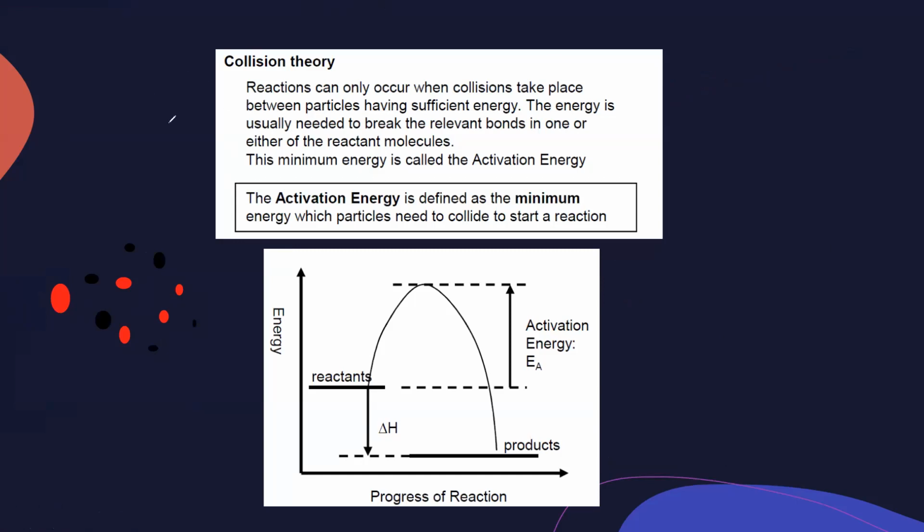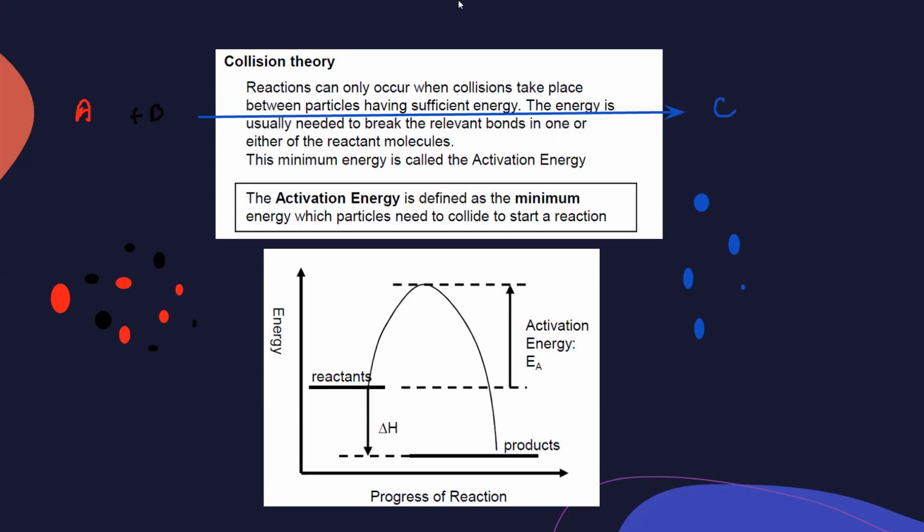A is, for example, red in color and B is black in color. So A and B are reacting with each other, and as a result, when they combine, they produce C. So how is a product C formed, how are A and B converted into C?